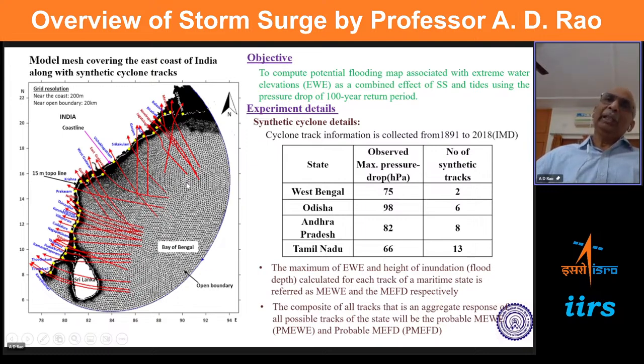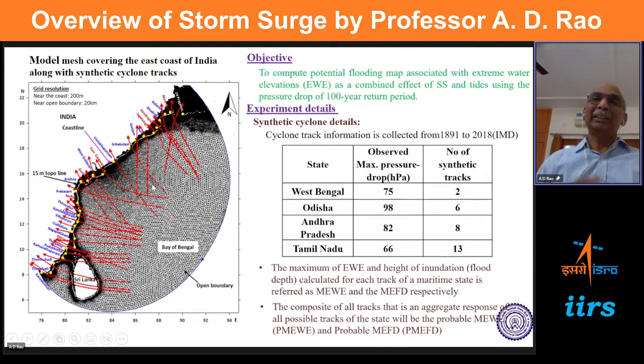I also considered the global warming scenario. There is an IPCC report that says that the intensity of the cyclone increases from 2 to 11%.